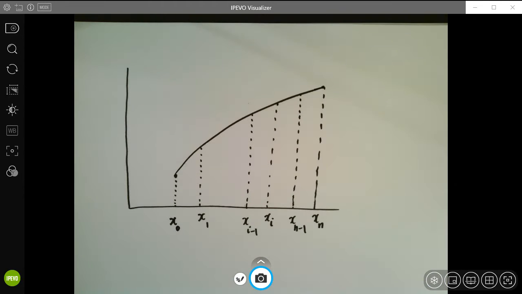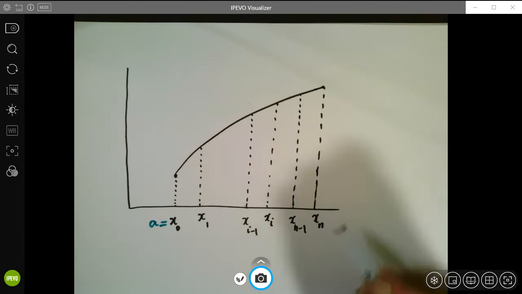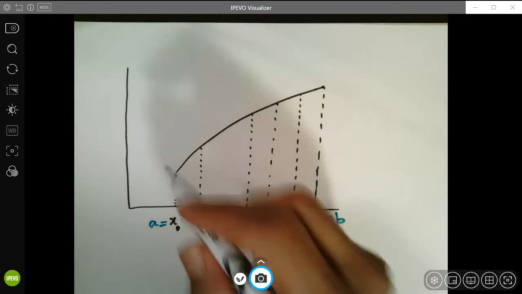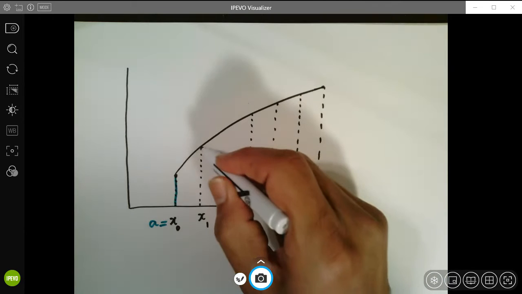Last one, this one should be a, and this one should be b. Now where is the trapezoid? The trapezoid is this one.